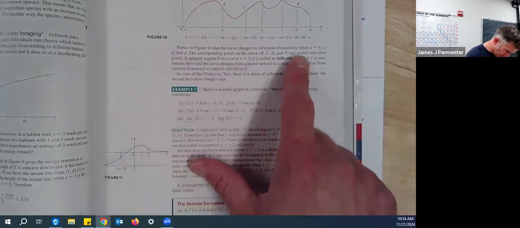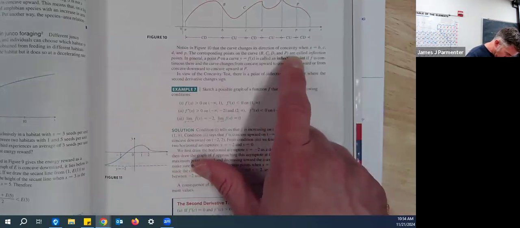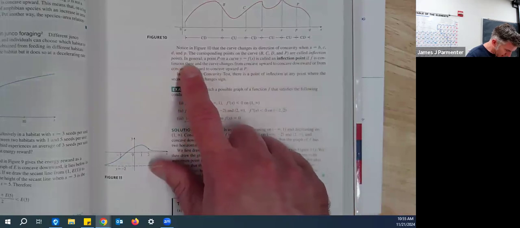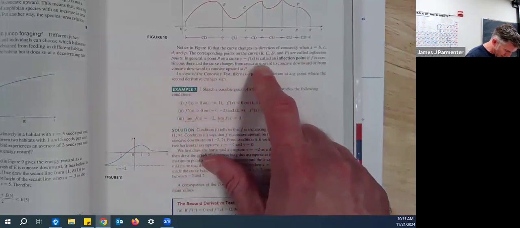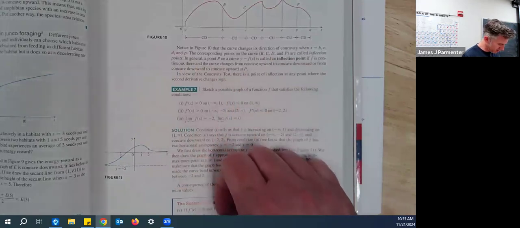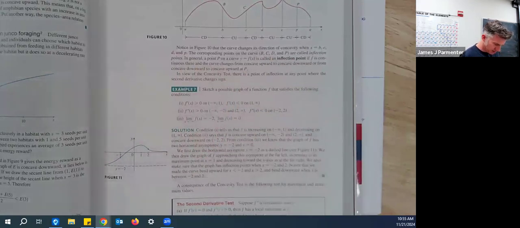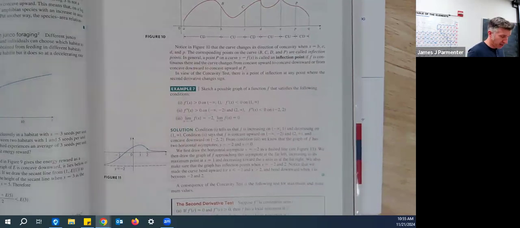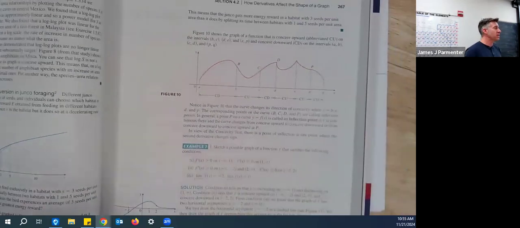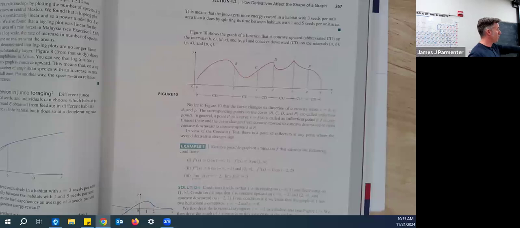So they say a point is called an inflection point if f is continuous there and the curve changes from concave upward to concave downward or from concave down to concave up. I don't know about that definition. I feel like that's a little bit dicey. So, to answer your question, in the context of this textbook, I am incorrect, and you are correct.